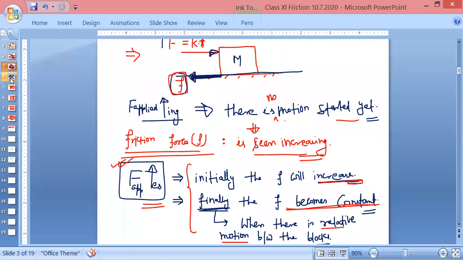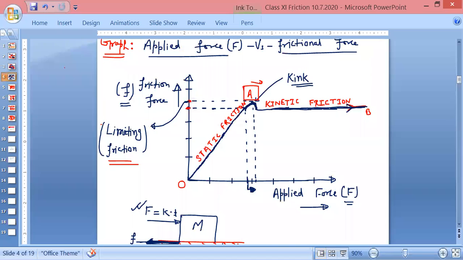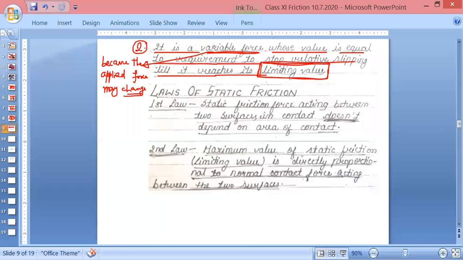Actually, the block is about to move. So it is a variable force whose value is equal to the requirement to stop relative slipping till it reaches the limiting value.